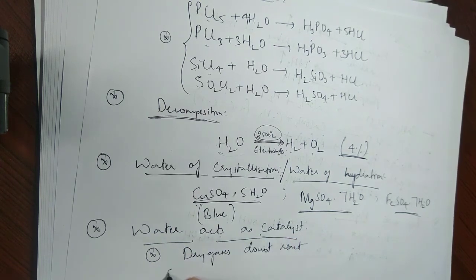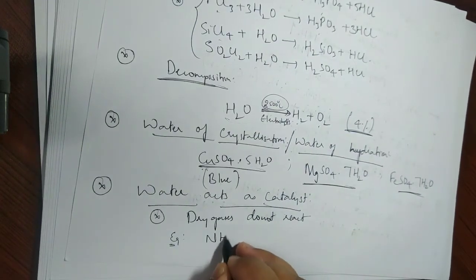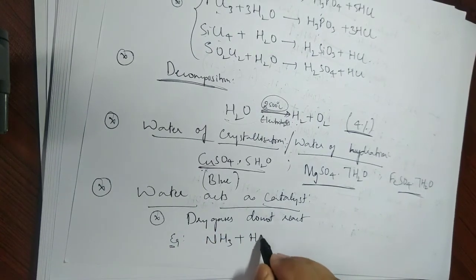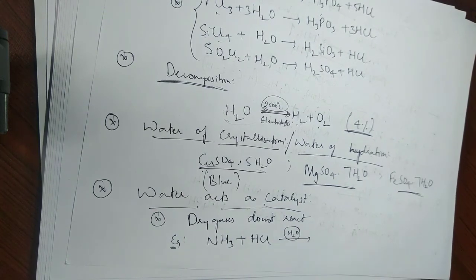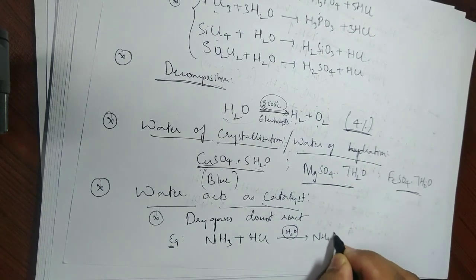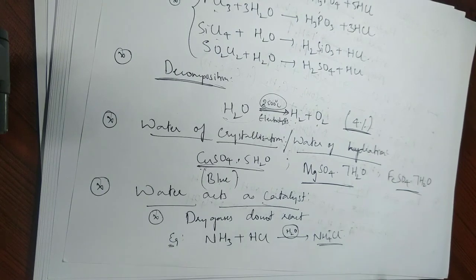For example, ammonia on treating with hydrochloric acid: this happens only when there is a presence of water, that is moisture. The reaction between these two happens only when there is some amount of water. And what you will find is NH4Cl. Fine. So NH4 plus Cl minus, that's the salt that is forming.